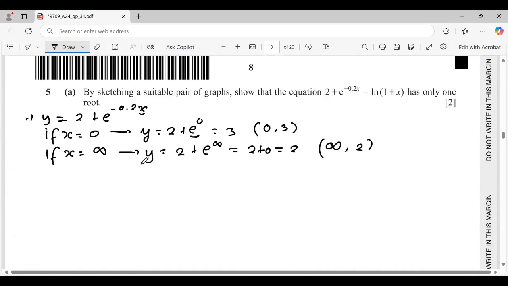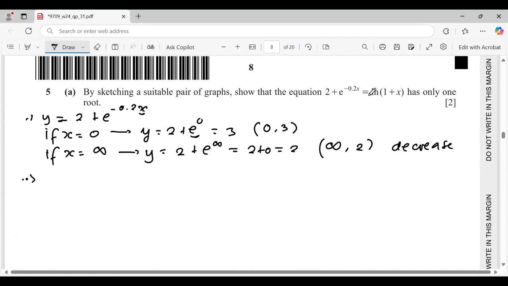So from (0, 3) to (infinity, 2), look, from 3 to 2 on the y-axis. It means this graph always decreases. It passes through 3 and decreases until 2. So the graph is decreasing.